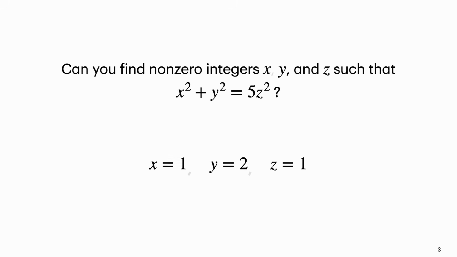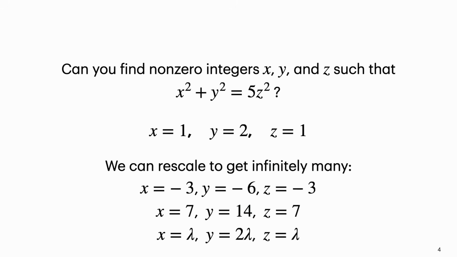Okay, so we can find a solution very easily. And then once we have a solution, we can scale it by any constant we want, and then we get infinitely many solutions for this equation over the integers. So x squared plus y squared equals 5z squared, we can solve really easily, and we have infinitely many solutions. So this is a great quadratic form.